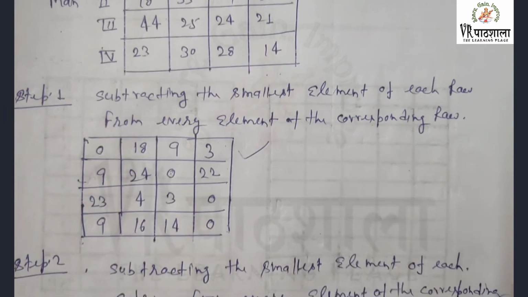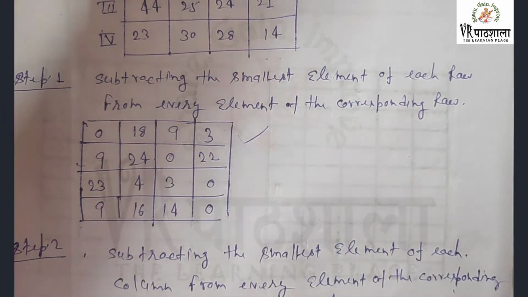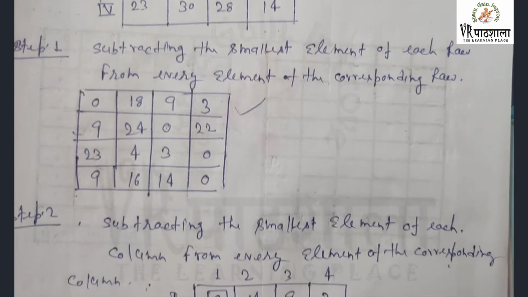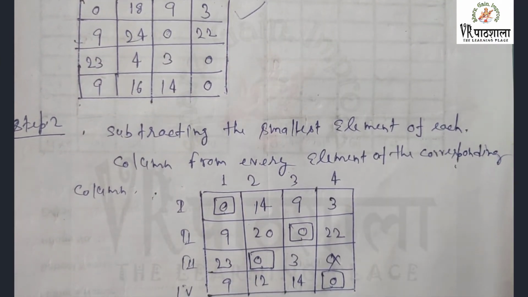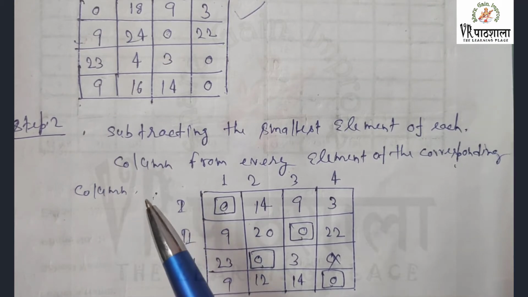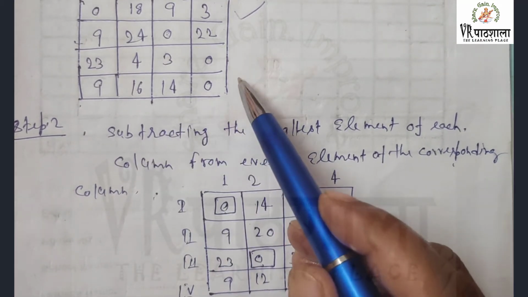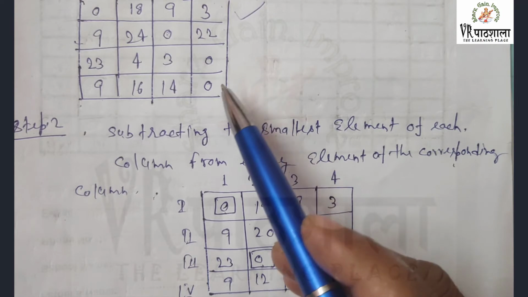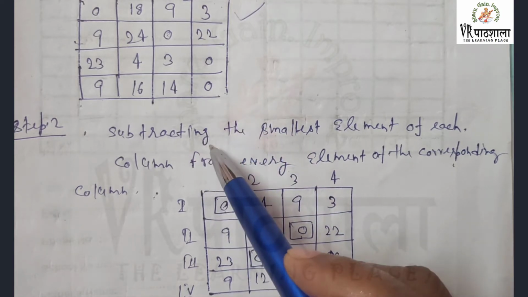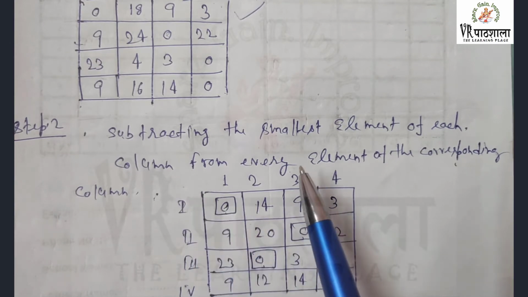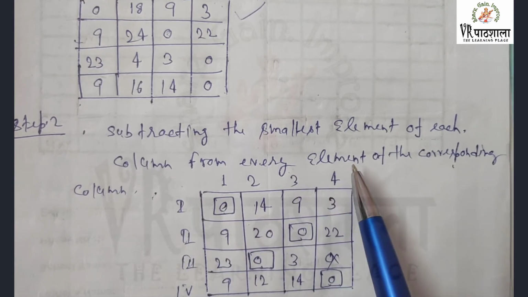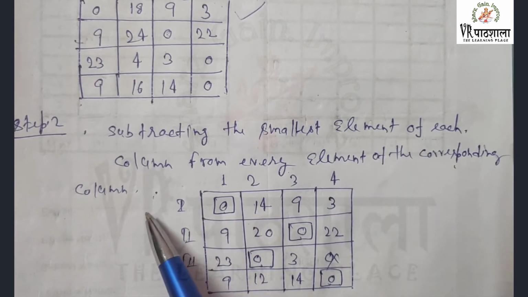Now in step 2, we perform the column operation on the step 1 table. We subtract the smallest element of each column from every element of the corresponding column.